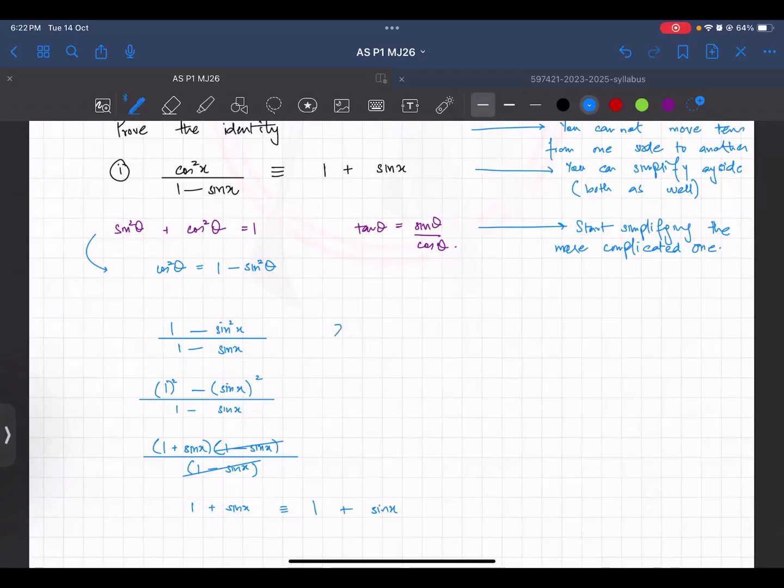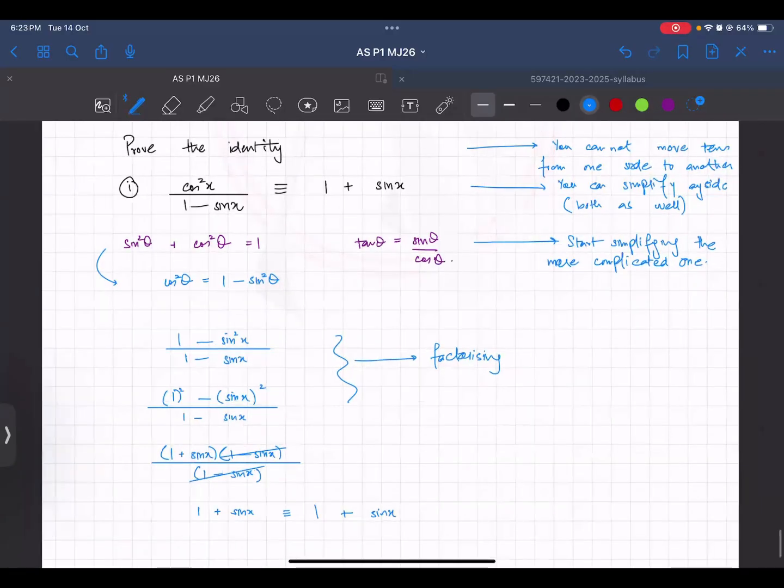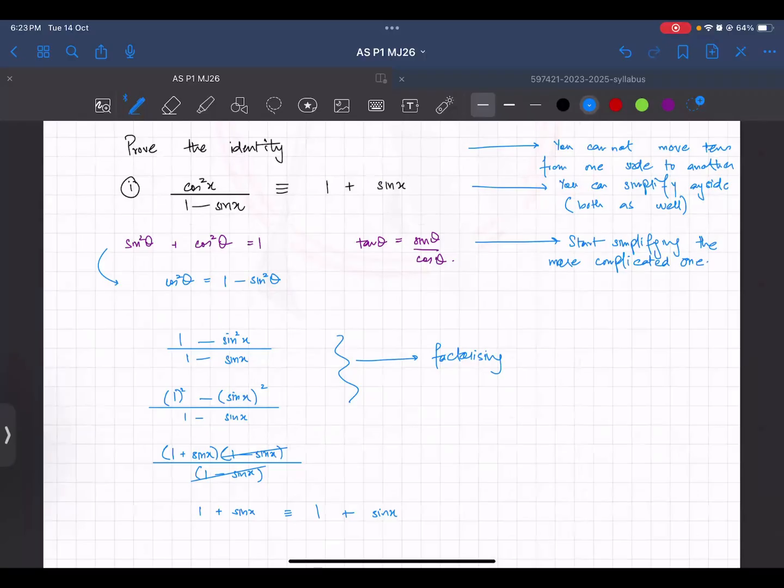So this factorizing sometimes comes in handy. Otherwise, there can be some other method as well. There isn't only one method to change the left side to the right side or the right side to the left side. Eventually, you will get the answer. So that would also be correct, and this would also be correct. It's just up to you how much practice you have done and how quickly you can change the left side to the right side or the right side to the left side.